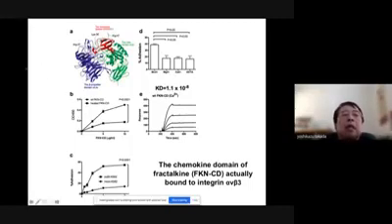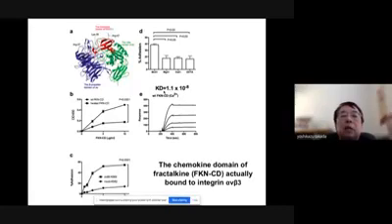In this case, lysine residue 36 and arginine 37 are involved in integrin binding. We know that. Then KD is about 10 to the minus 8. So this chemokine binds very, very strongly to integrins. We have to measure this in the presence of calcium.